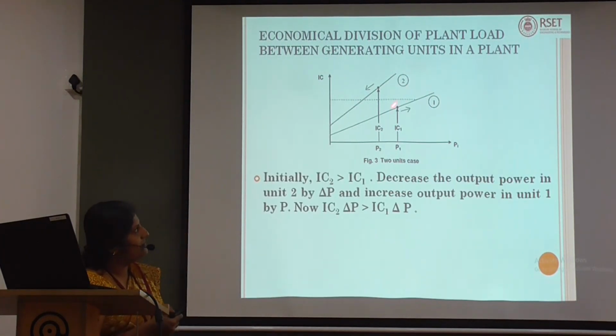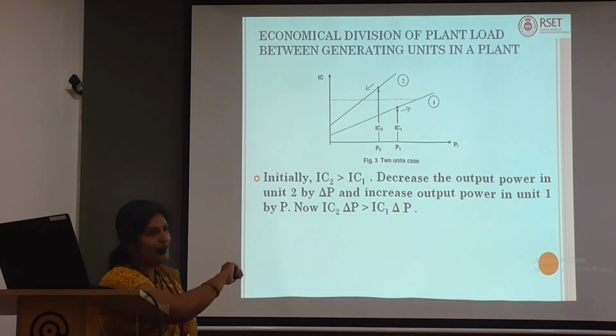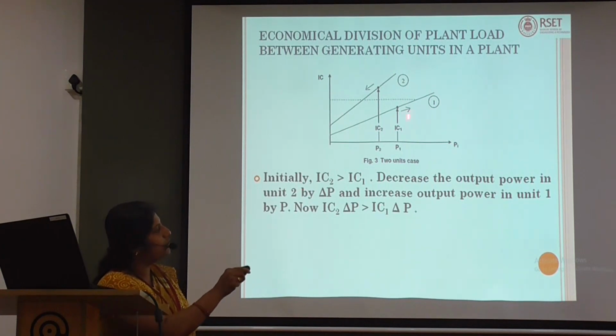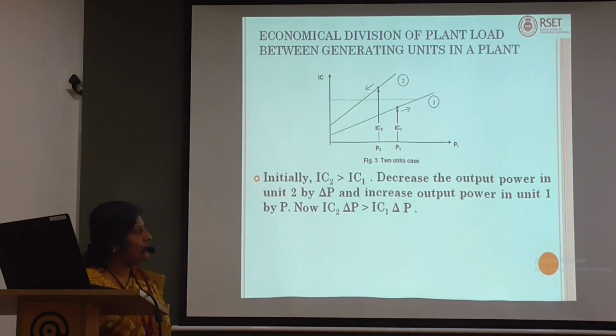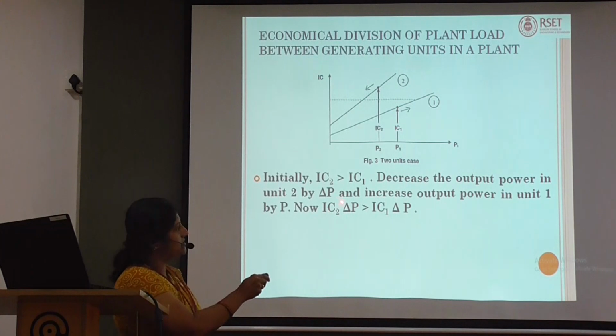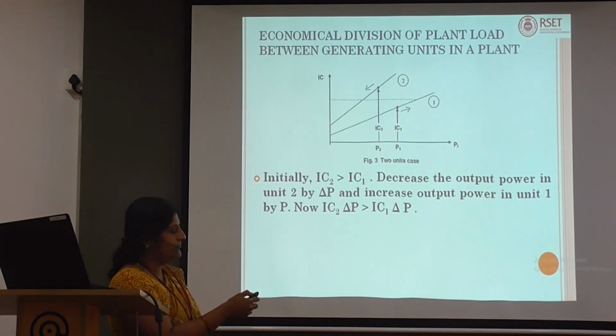So when the incremental cost of this plant is more than the incremental cost of this, we try to decrease the power output of unit 2 by delta P, and that delta P I try to increase on the other unit 1. So this product, delta IC2 into delta P, will definitely be greater than this.